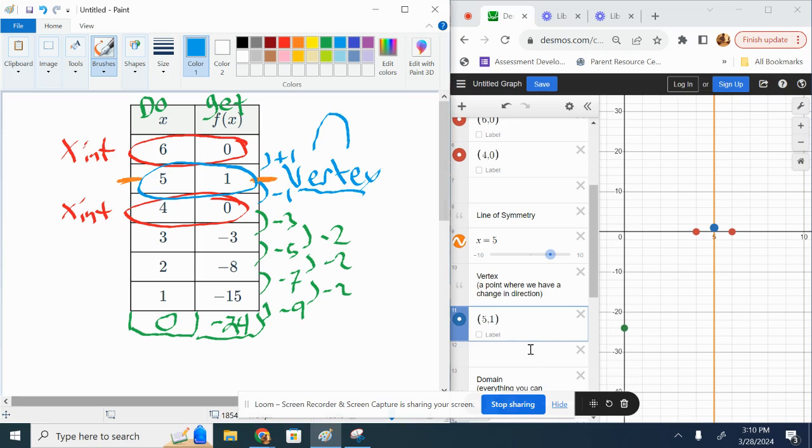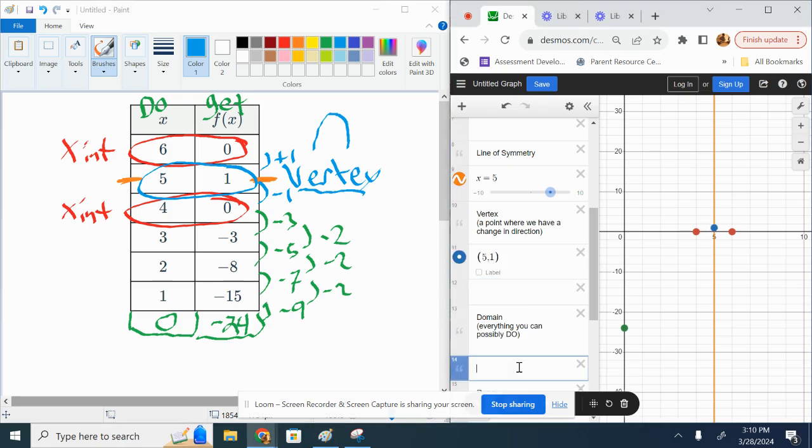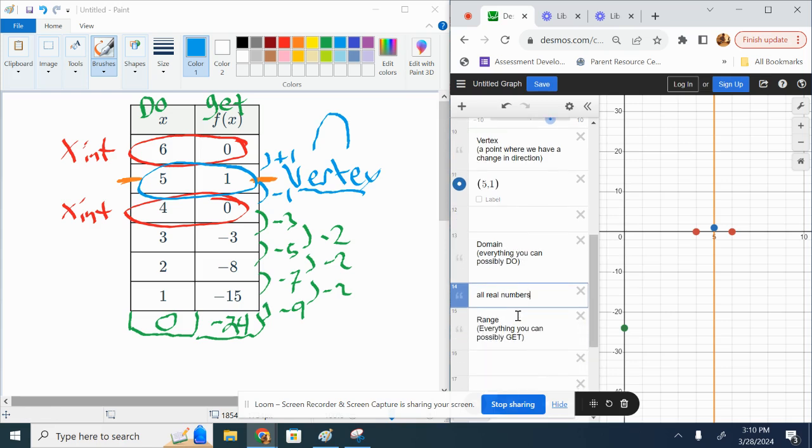Okay. So domain for most functions that we deal with is all real numbers, meaning that we can do anything and we'll get some result. Range, though, is limited by the maximum that we can possibly get.